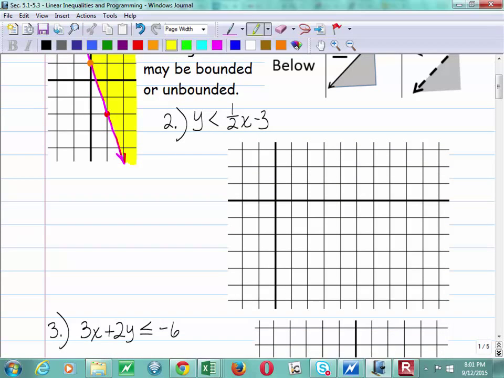Number 2, same thing. We have it in slope-intercept form, so the y-intercept is negative 3. We plot that, and then the slope is 1/2, so we go up 1 over 2. I'll keep going up 1 over 2 a few more times, and maybe go down 1 and backwards 2. Now this one is strictly less than, so I'm using a dashed line to graph it.